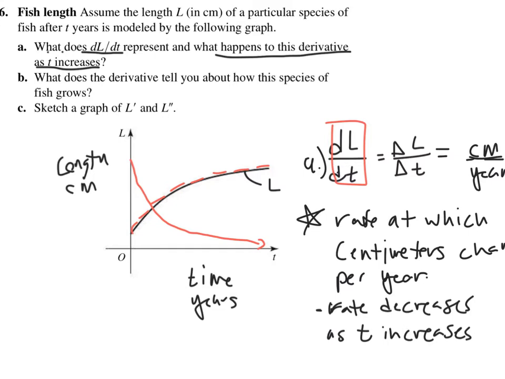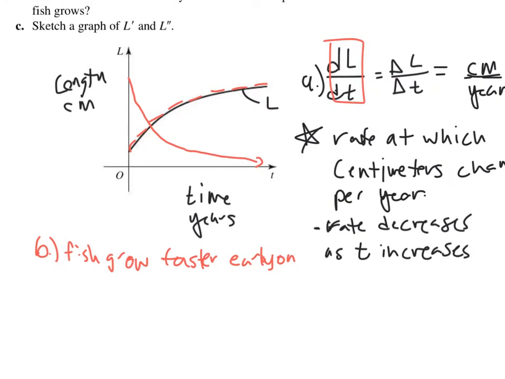What you can say in part B is that the fish grow faster early on, and then they don't grow as fast as t increases, as the years go on.